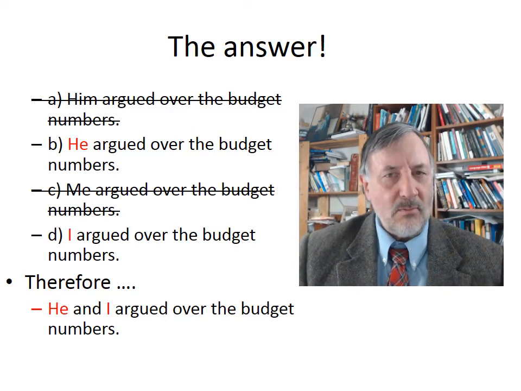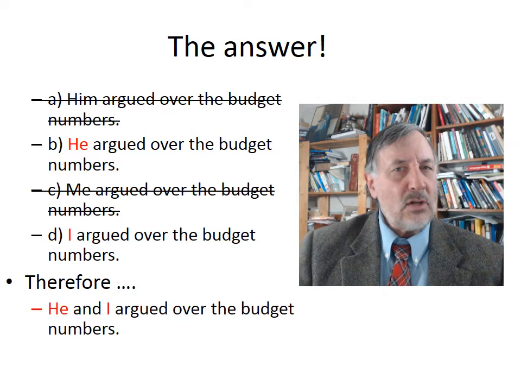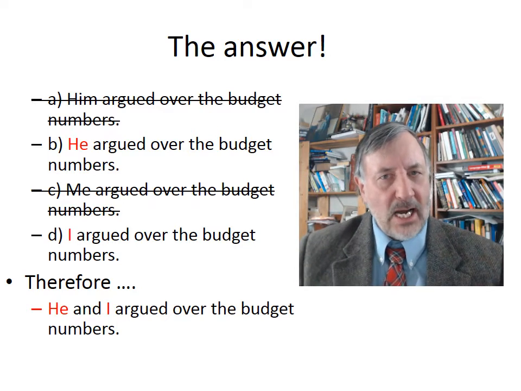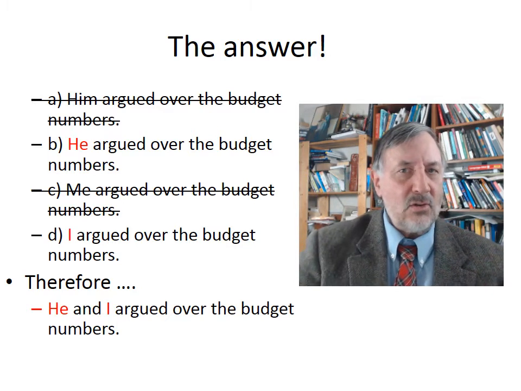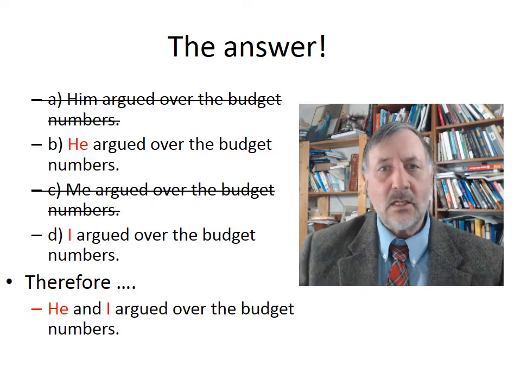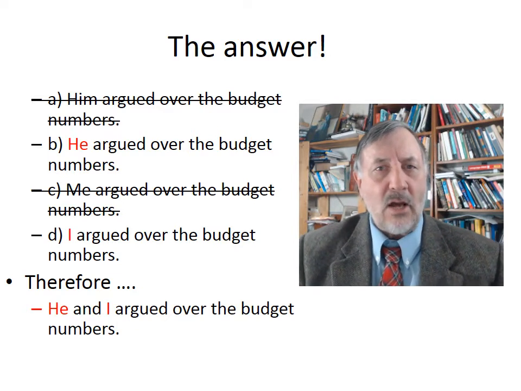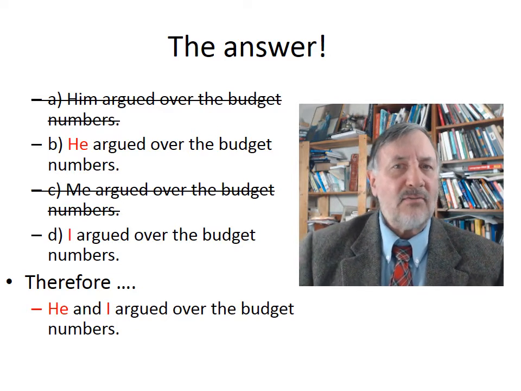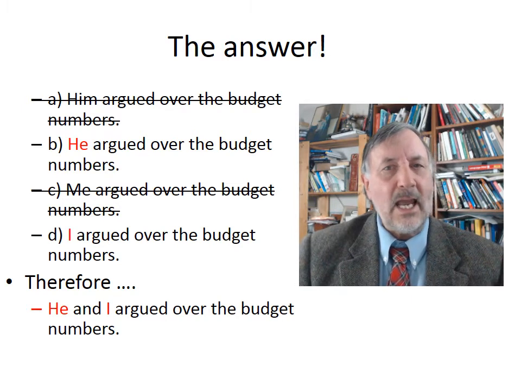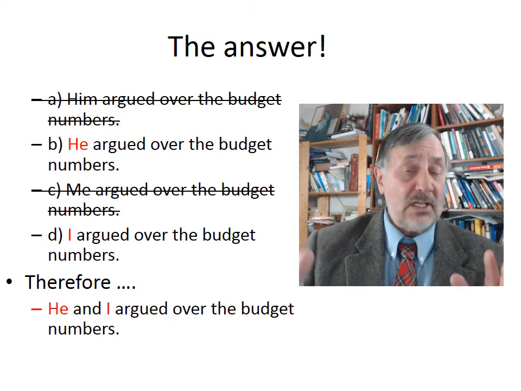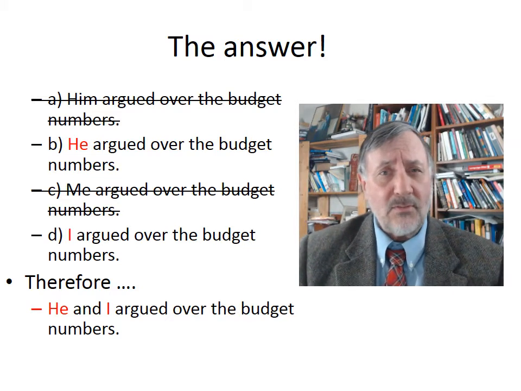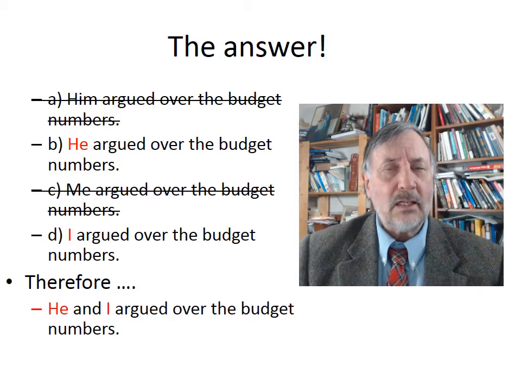Remembering the rule that the pronouns do not ever change from an isolated usage, that is using it singly, to using it in combination with any other noun or pronoun, the correct form of the sentence would be "he and I argued over the budget numbers." I hope that you see from that the drop test is wonderfully useful, and as I said, we'll continue to refer back to it as we go forward.